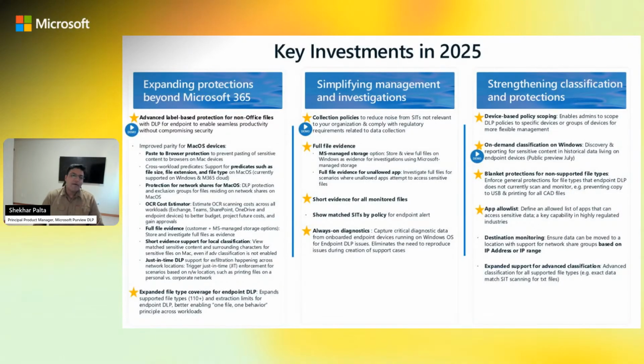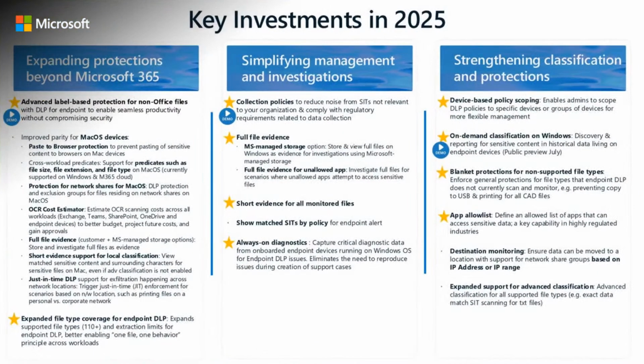The next capability I want to talk about is towards the bottom of your screen, towards the bottom left, which is expanded file type coverage for Endpoint DLP. This is again a key investment which brings the file type support as well as the extraction limits that we support for Endpoint DLP, and brings it at parity with what we have in Cloud DLP.